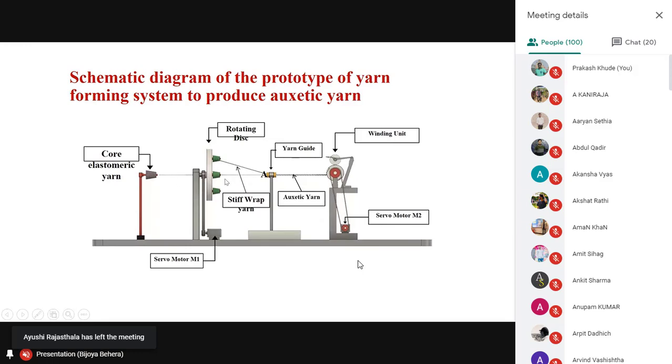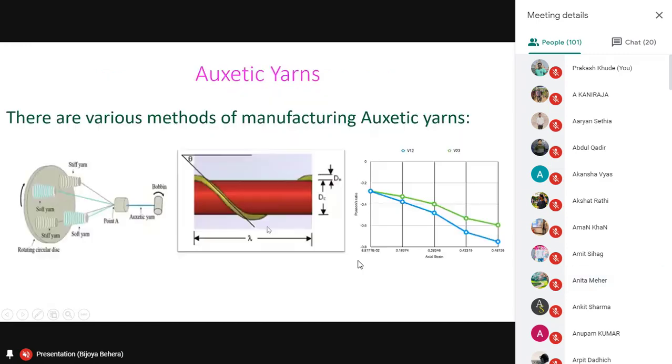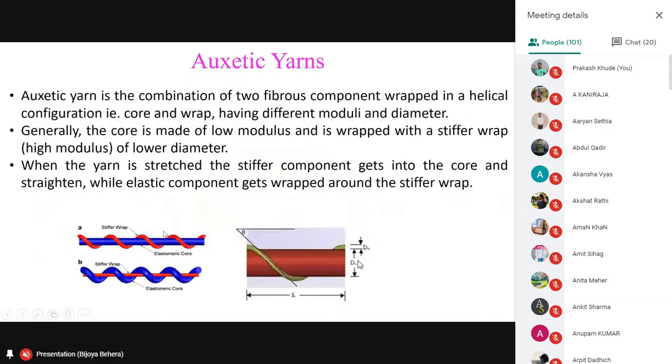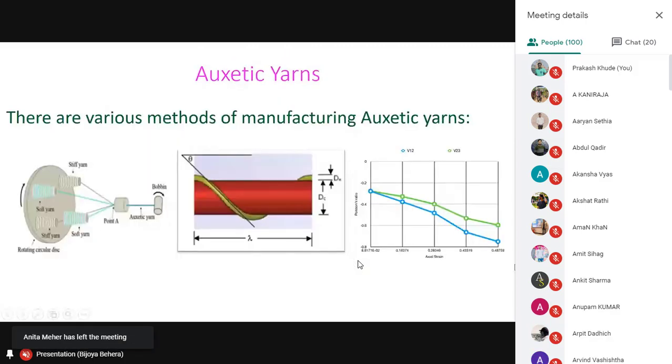When this disc rotates, then it is wrapped over this. So what will be the change in diameter of the yarn from this stage to this stage? It simply depends on what is the extensibility of the elastic yarn and what is the angle of wind. So we control these two parameters, extension and angle of wind.